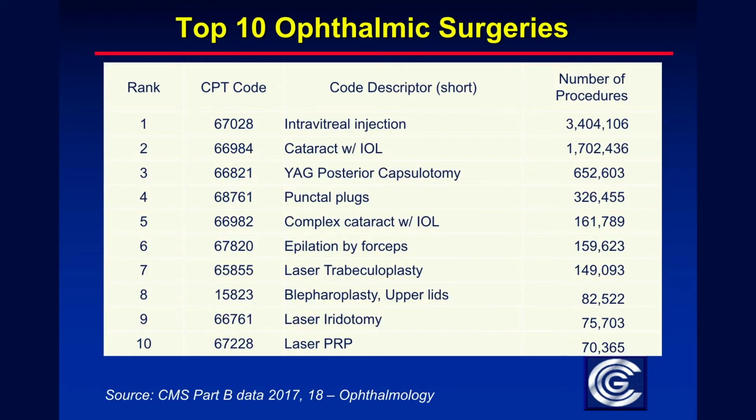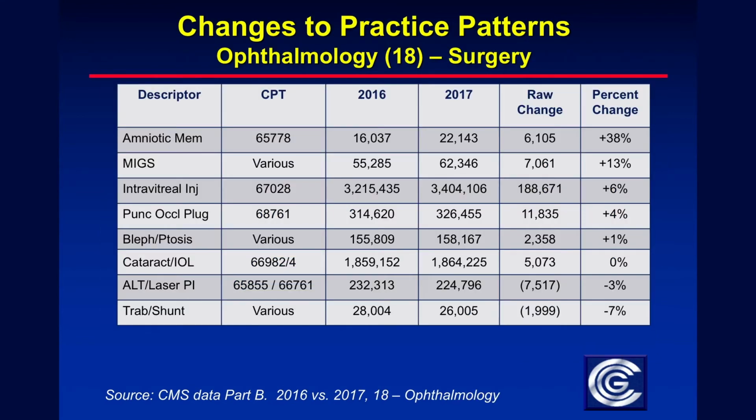Here are the top 10 eye surgeries paid by Medicare Part B in 2017. The corresponding numbers for other third-party payers are not public. Year-over-year comparisons are always interesting for the significant changes that are identified.